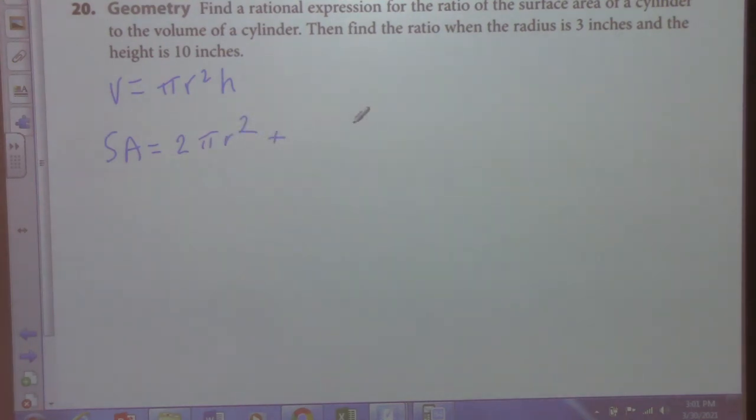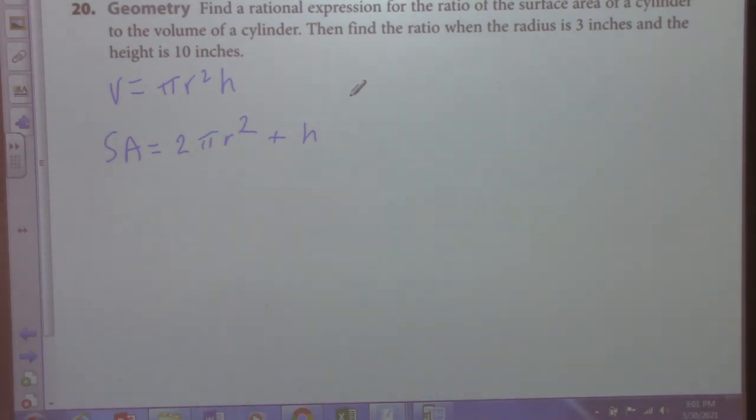We need the area of the rectangle, because if you peeled off this label, or plastic, whatever it is, you would have a rectangular sheet of paper, wouldn't you? How do you find it? Well, we know it's going to involve the height. What else do we have besides the height? What is the length around? That is the width of that rectangle. We talked about it in problem 19.